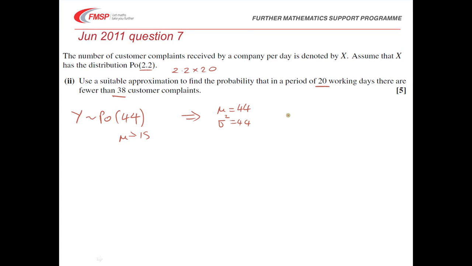So I'm going to be using the fact that y can be approximated as a normal distribution, 44, root 44 squared. And again, as before, I'm a great believer in writing this as something squared, sigma squared. Okay, so again, the question is asking for us to find the probability that there are fewer than 38 customer complaints.